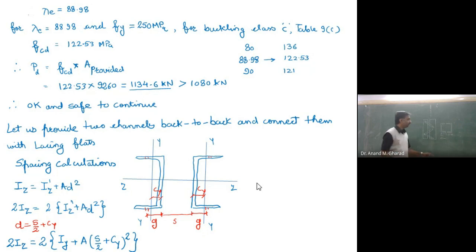Am I right? And what about the gauge distance for the channel section which we have assumed here? ISMC 300. इसका flange width कितना है? What is the flange width for ISMC 300? That you will get from the IS 808 or steel table. So can you please let me know what is the B suffix F value? Flange width.